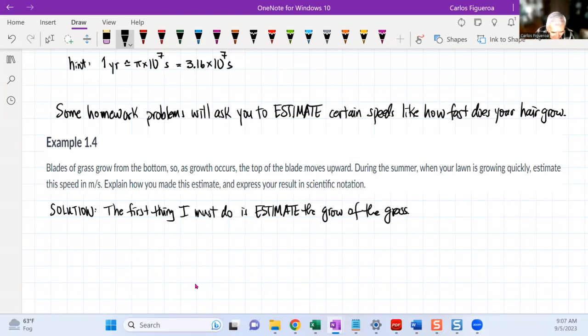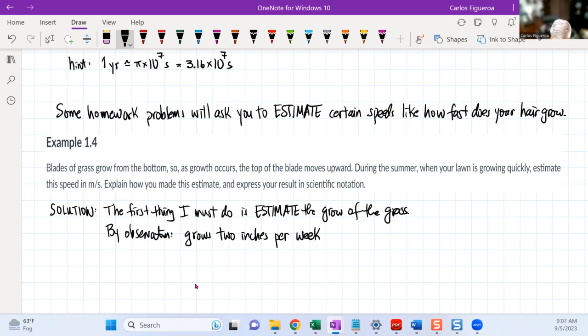I can't sit there and watch the grass grow. However, if I cut my grass, let's say once a week, and it's grown 2 inches, then we could say that by observation, I'm going to say that it grows 2 inches per week. So now I have a conversion factor.